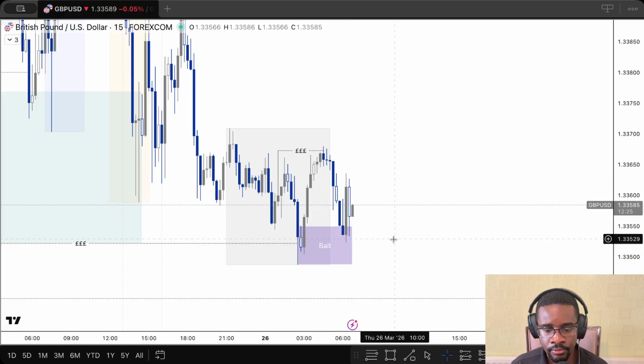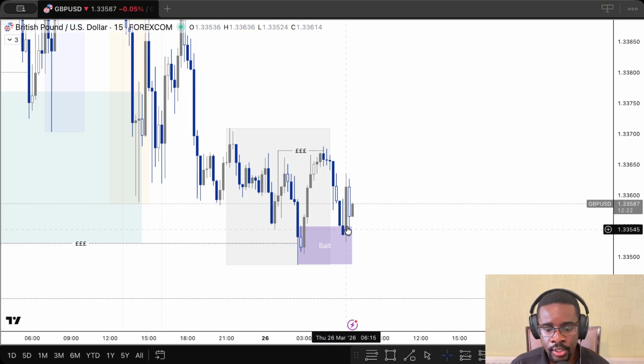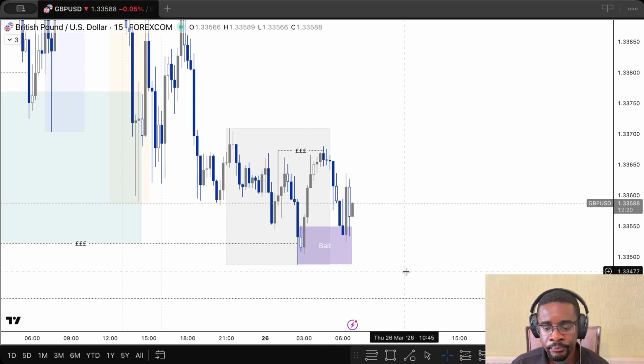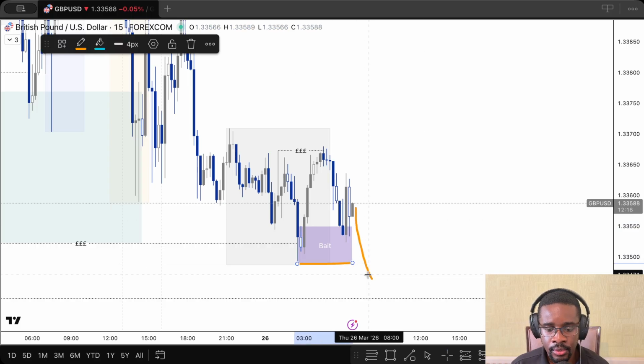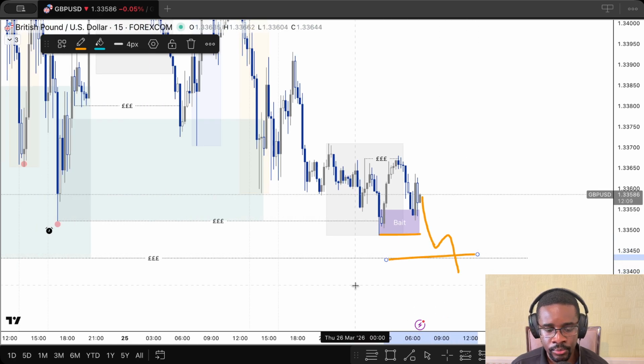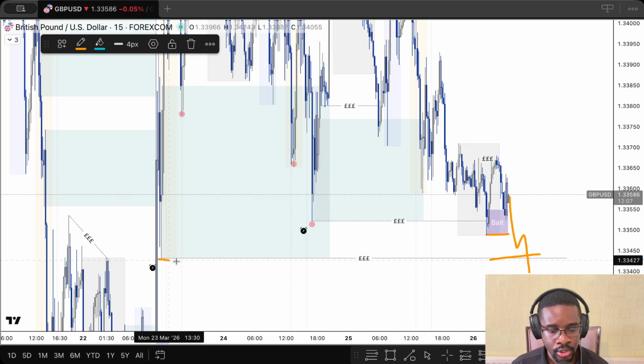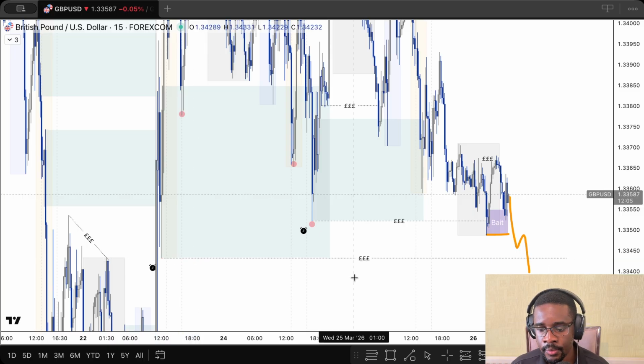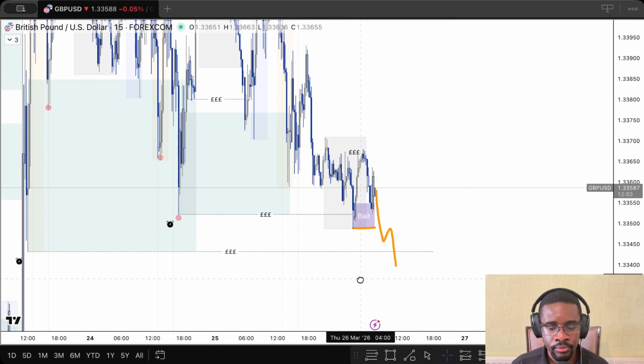That area is going to serve as bait to be taken out. So right now we are seeing a reaction. However, I am expecting this to fail. And then maybe when it fails, we take out this low, which is also a previous session low.